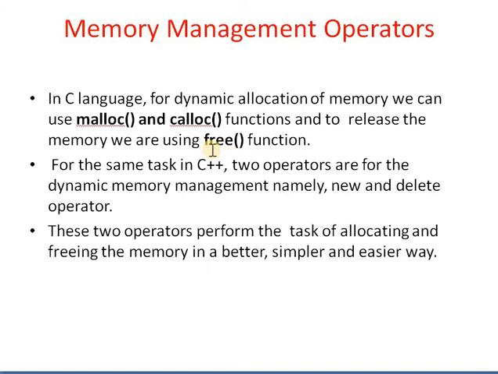Means in C language, we use the malloc or calloc functions to allocate the memory dynamically at the runtime, and free function is used to deallocate the dynamically allocated memory. C++ also supports the same task. The two operators for the dynamic memory management are namely new and delete operator.